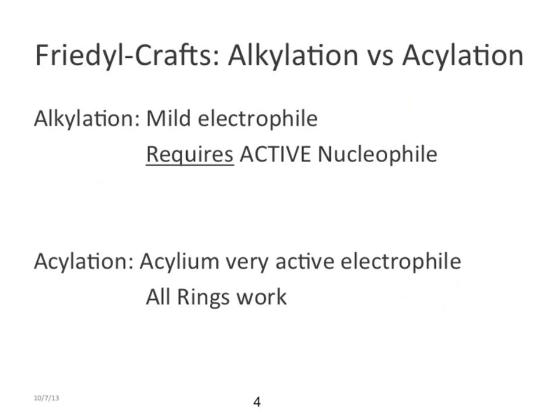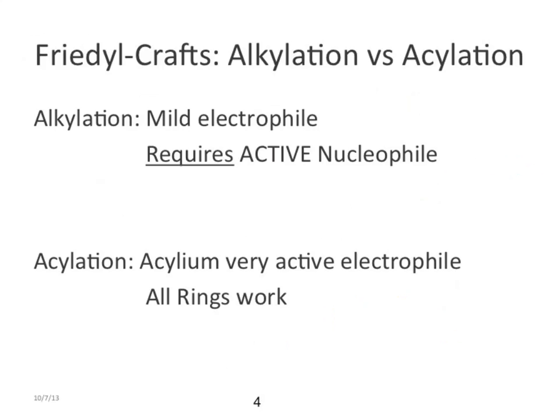Okay. So your acylation, we have a more active electrophile. It's more active because its energy is dropped, which then means we don't need as strong of a nucleophile to react with it.